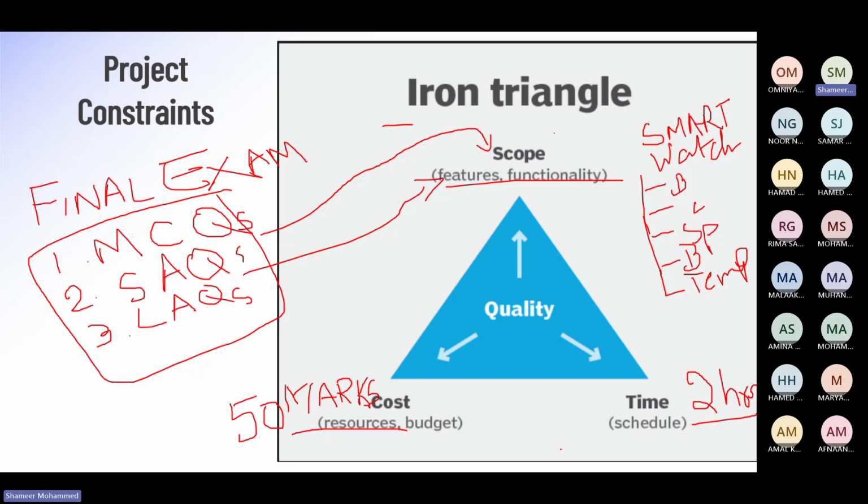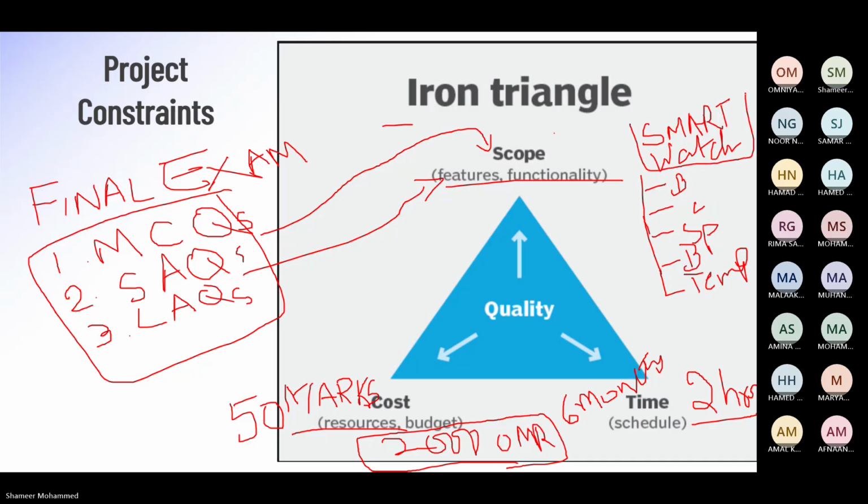And you have a certain limit, maybe to design this smartwatch you have to complete this project in 6 months. This is nothing but time. And you have to complete this project using a cost of 2000 Omani Riyal. The company will give you this much funds to spend for the salary, to buy the hardware, to buy the software, and complete this project, the smartwatch. This is one example. This is another example.